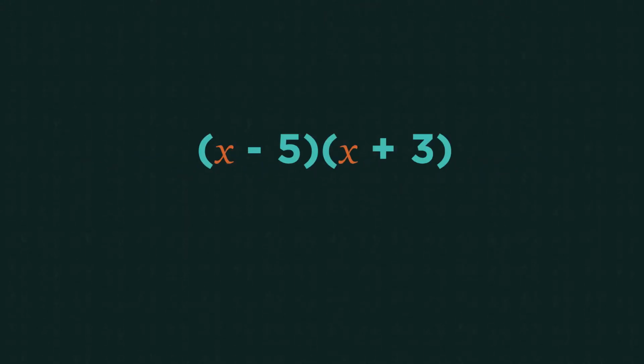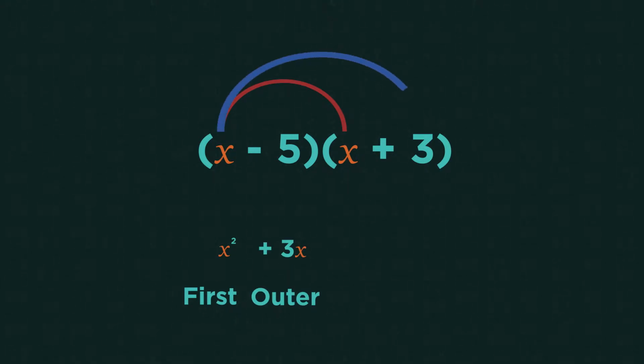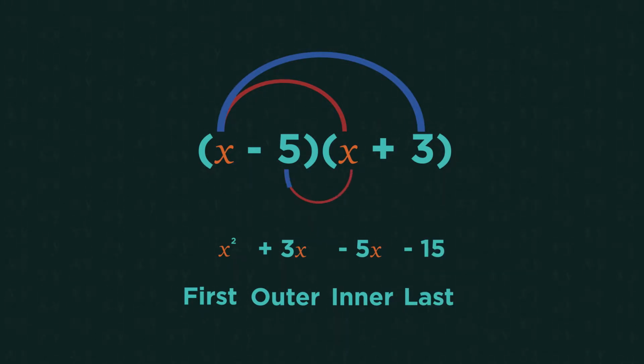For the first method, we draw arcs linking each term. So x multiplied by x is x squared, x multiplied by 3 is 3x, negative 5 multiplied by x is negative 5x, and negative 5 multiplied by positive 3 is negative 15.